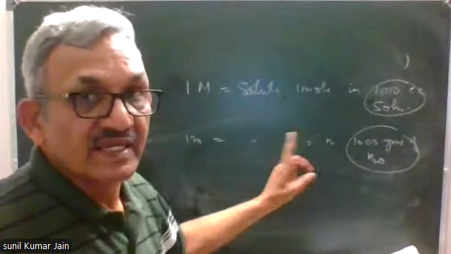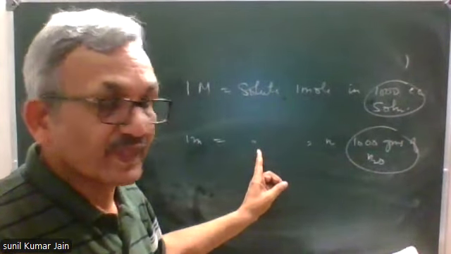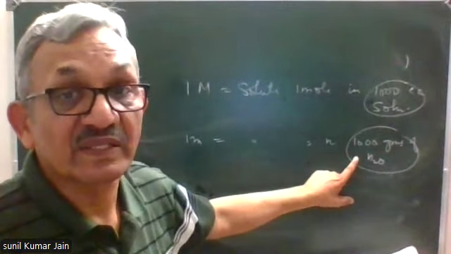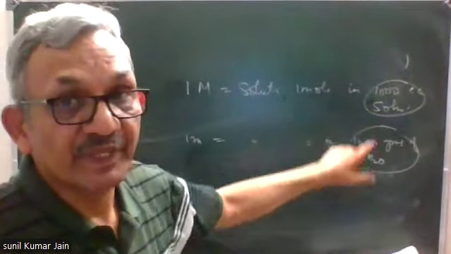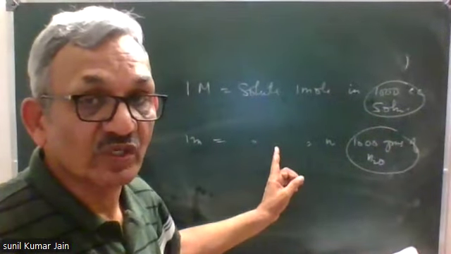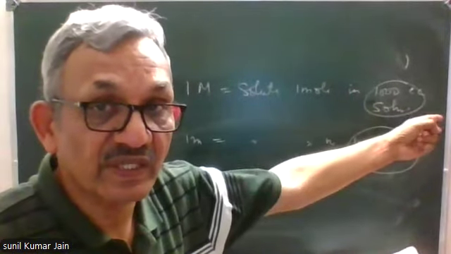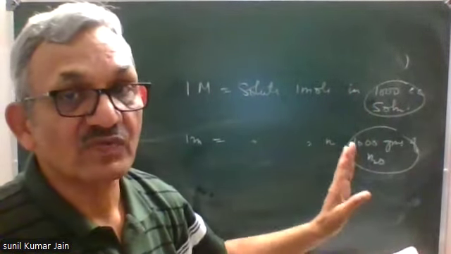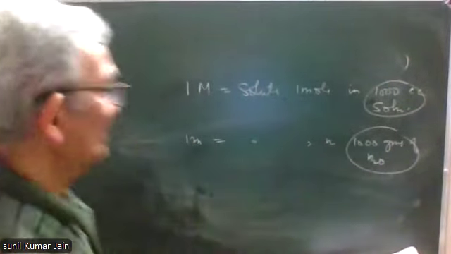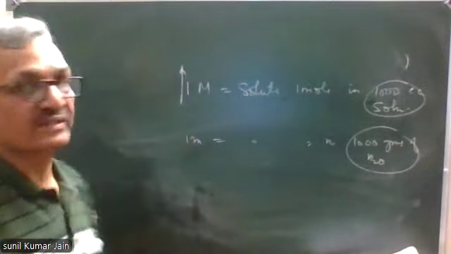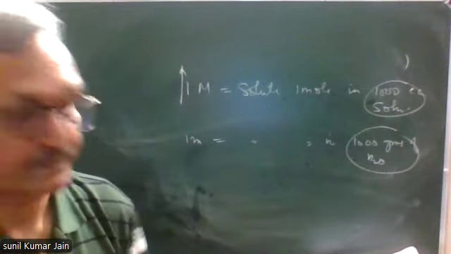In the second case, amount of solute is same, but solvent is 1000 grams. So compare, both have same amount of solute. In the first case, amount of solvent is less than 1000 grams. In the second case, solvent is 1000 grams. That is why first solution is more concentrated than the second solution.